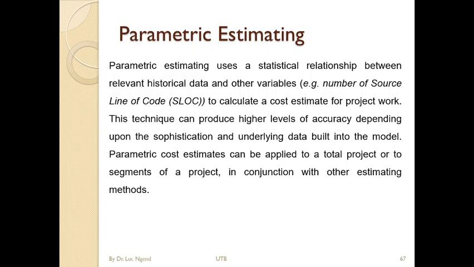Now what about parametric estimation? With parametric estimation, you have different quantities or numbers, and then you multiply them by items, or number of items, and that gives you an estimation of the cost.